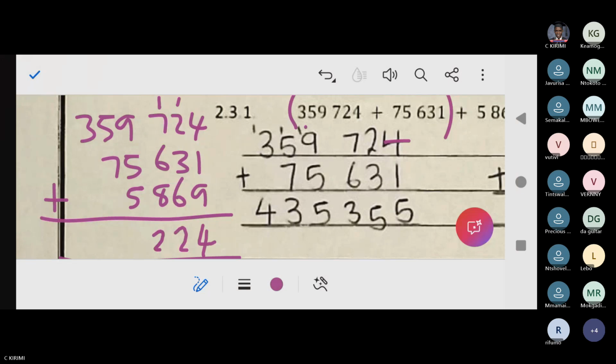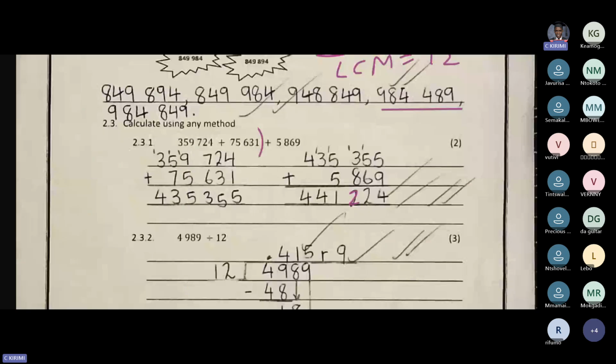So 2 carry 2. 9 plus 2, 11. Plus 5, 16. Plus 5, 21. 21 carry 2. So 2 plus 5, 7. Plus 7, 14. Carry 1. Which we are getting the same answer. So you use the same method, but you can use the method that you understand the most.